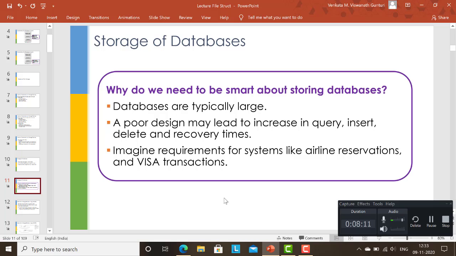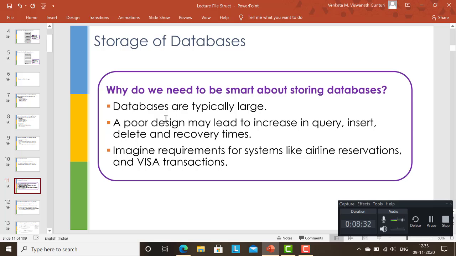So just a sort of motivation slide on why we need to be smart about storing databases, right? As I said, databases are typically large in size, in terabytes. Any realistic real world database system will go into terabytes.